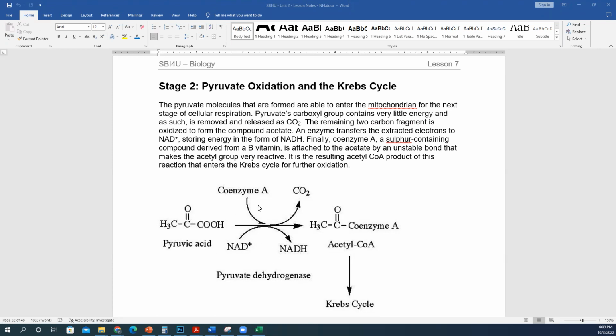And so through the action of coenzyme A, it can be transformed into a molecule called acetyl-CoA by the attachment of coenzyme A. A molecule of CO2 is released, and it started out with a 3-carbon molecule of pyruvate, and acetyl-CoA is now a 2-carbon molecule.